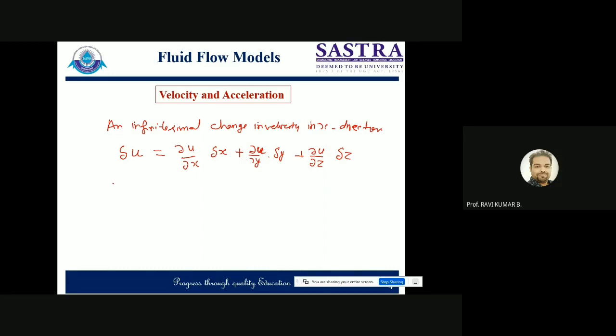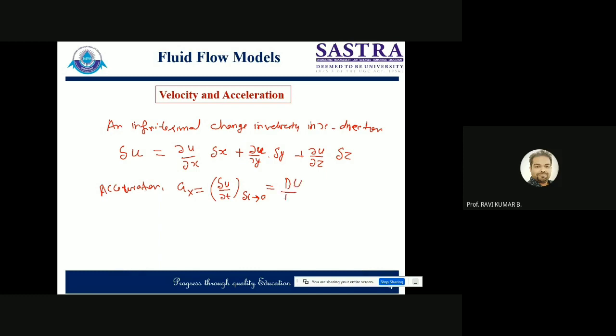Now, if you are calculating the acceleration, right? So the infinitesimal change in acceleration, if I say a, if I am saying ax, because we are talking about the x direction, this will be given by dou u divided by dou t, right? Where the change in time is negligibly small because we have already assumed an infinitesimal change.